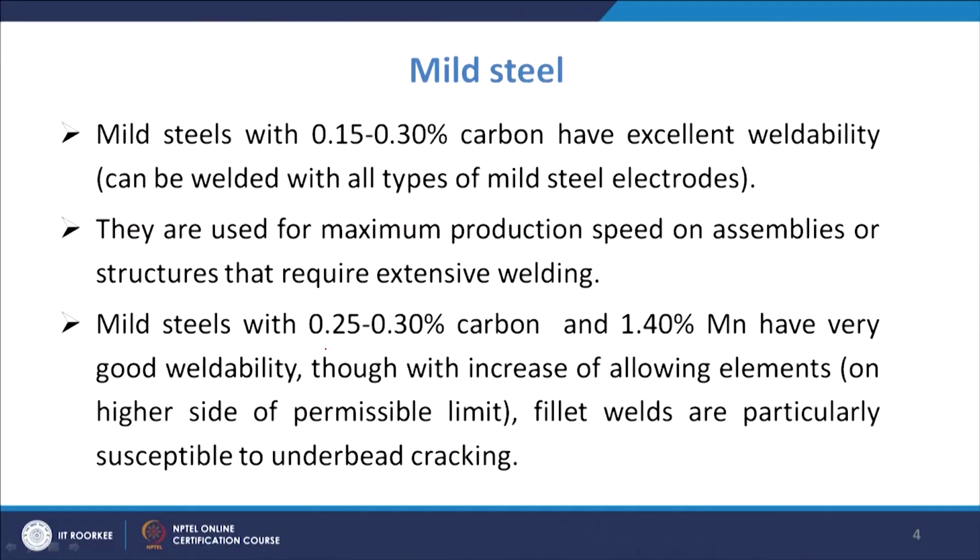They have excellent weldability, and they can be welded with all types of mild steel electrodes. That is the advantage of these electrodes, and the carbon percentage is somewhat higher, going from 0.15 to 0.20, 0.25%.